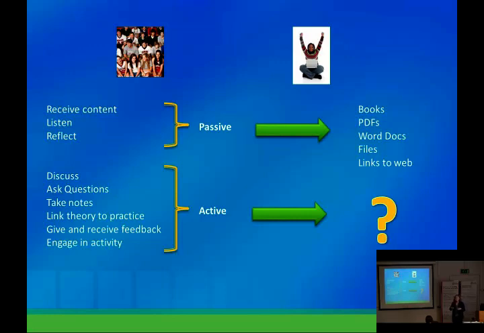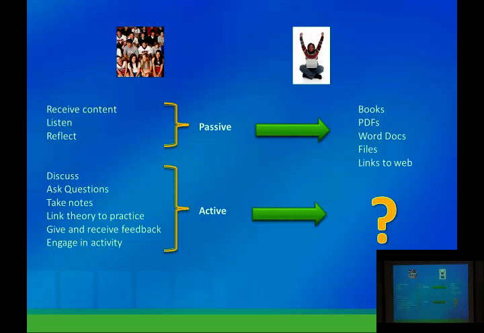They can discuss, ask questions, take notes, practice, give feedback and engage in different types of activity. Now, it's really easy to take the passive element of what happens in the classroom and put that into Moodle. What we're talking about is taking a PowerPoint or writing it even into a book or whatever, and that transfers across really well.